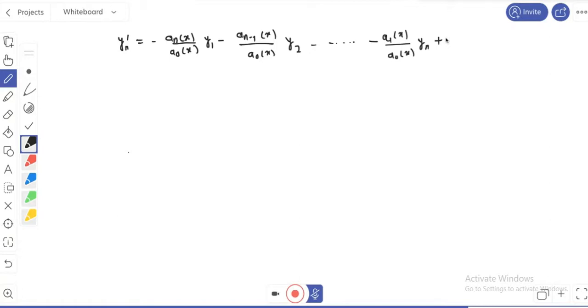This is b(x), where x belongs to that interval R.